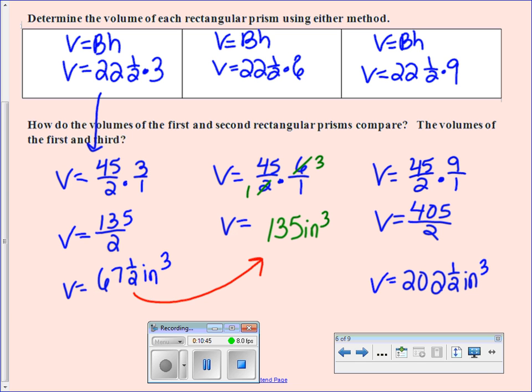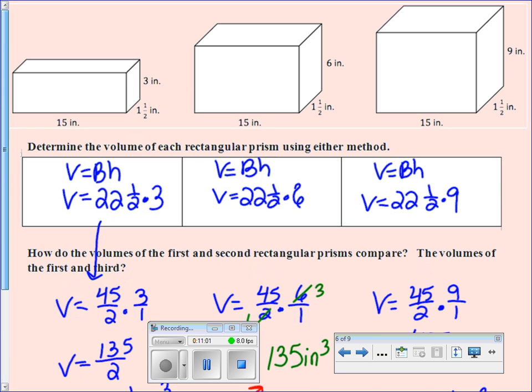How could we get from 67.5 to 135? Go ahead. Multiply by 2. So this volume is doubled, and what do we notice about the heights? Doubled. So if I multiply the height by 2, I multiply the volume by 2.